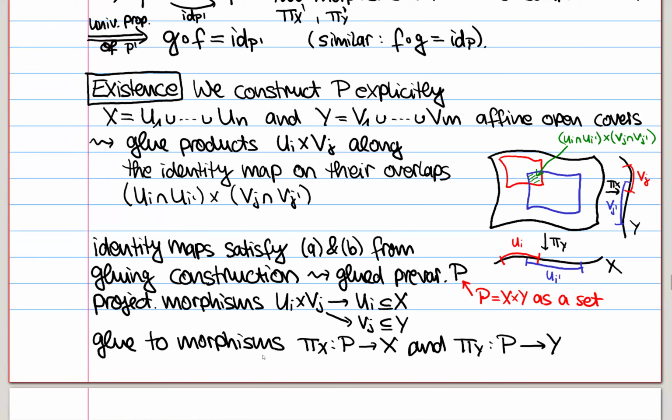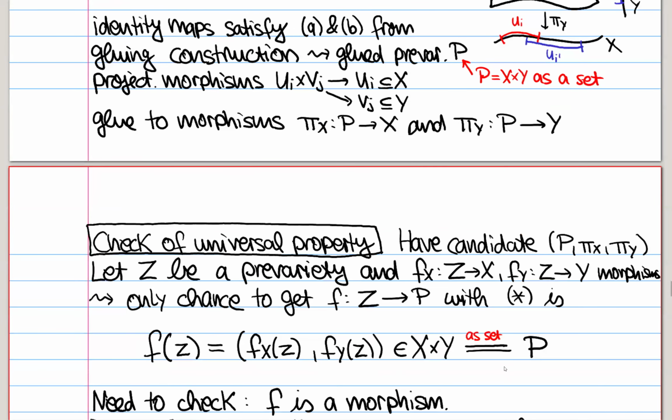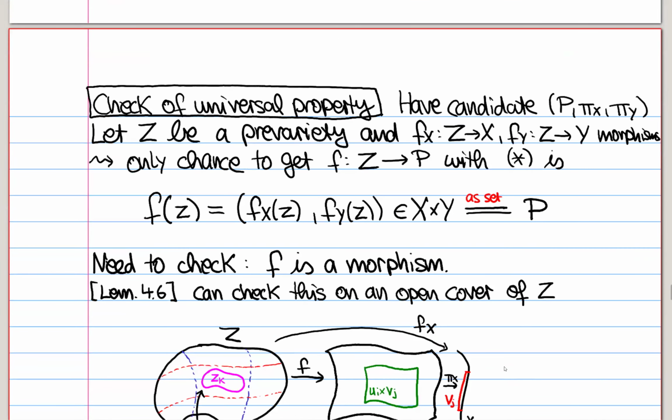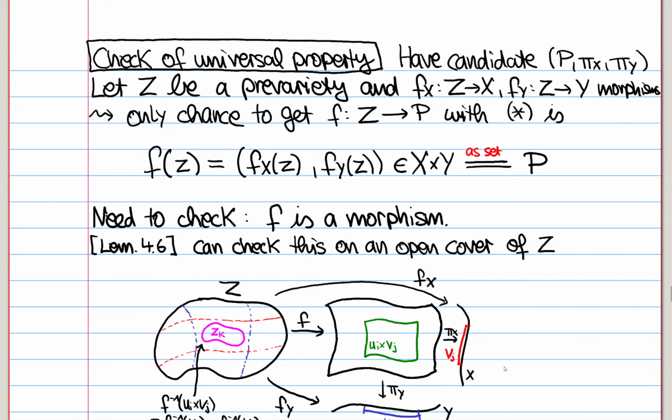So we had this lemma which says that morphisms of ringed spaces glue together. And this we now do. And so we got ourselves a candidate for our product P, and we got ourselves the projections. The only thing left to do is to check that our construction indeed satisfies the universal property.